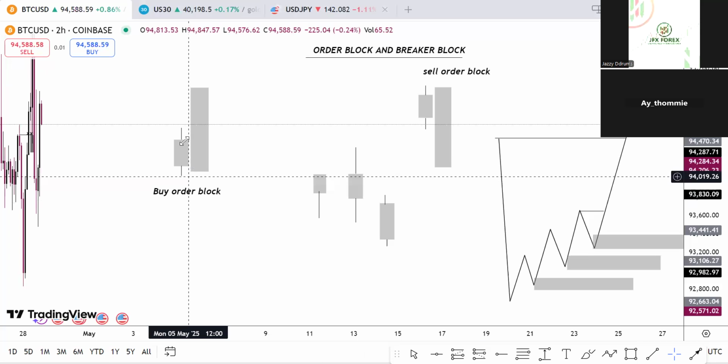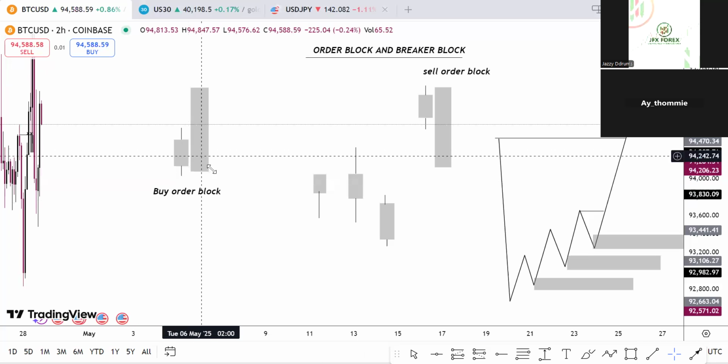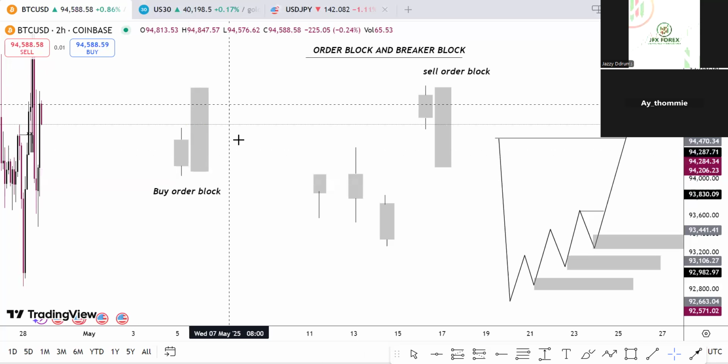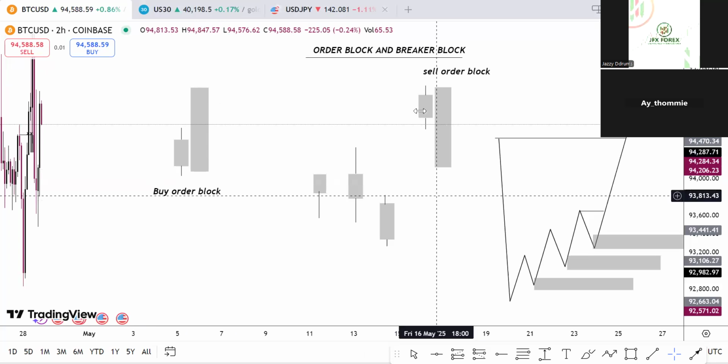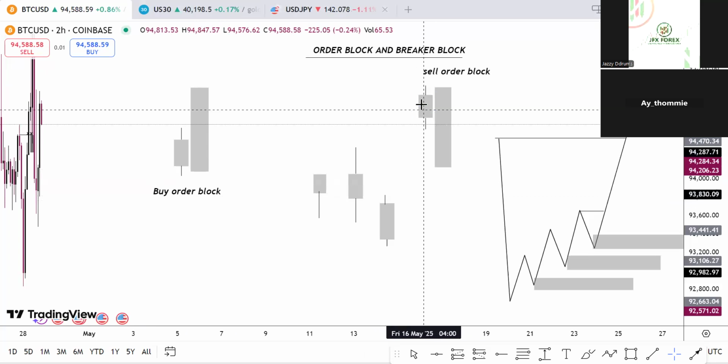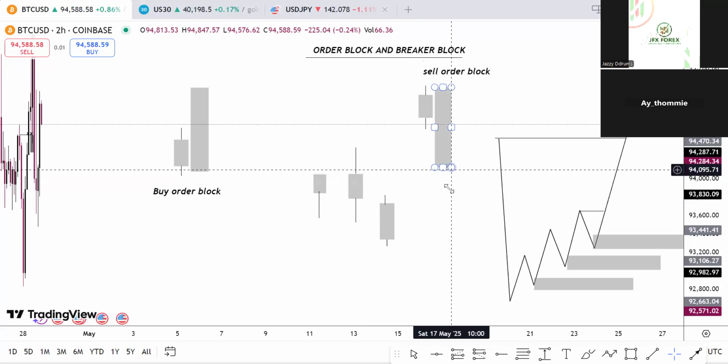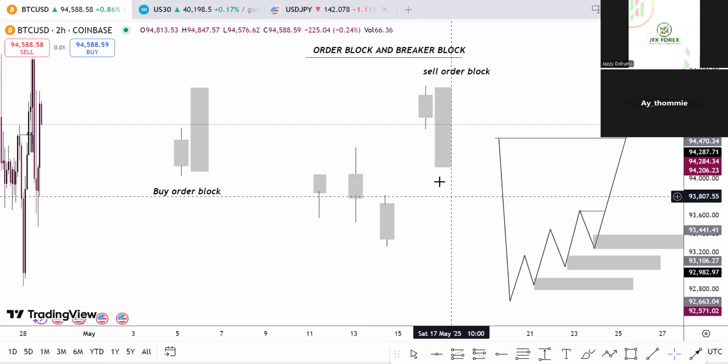For the buy, it is a sell candlestick before the long buy. For the sell, it is a buy candlestick before the long sell down. I hope it's making sense.